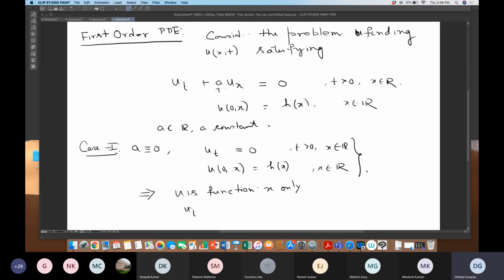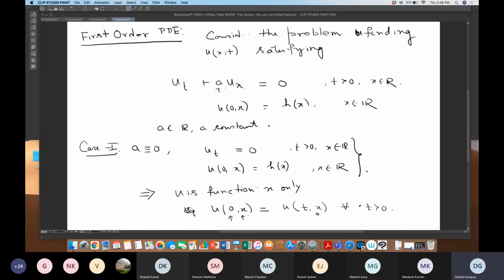That means u(0, x) should be equal to u(t, x). Is it true or not? Yes, because u_t equal to 0 means u is constant along t.